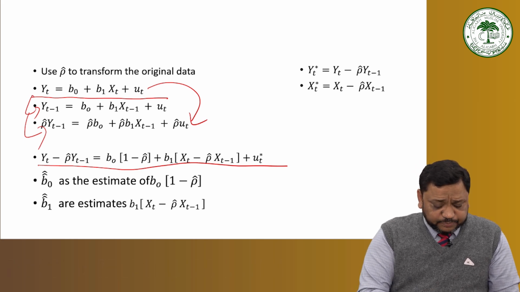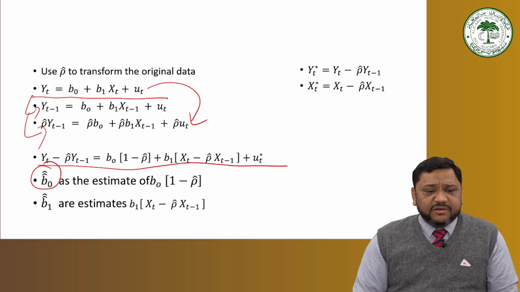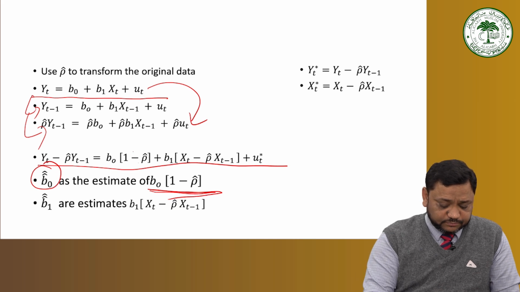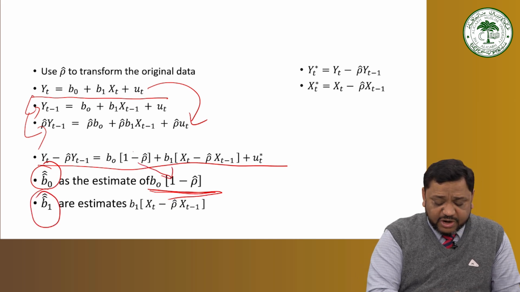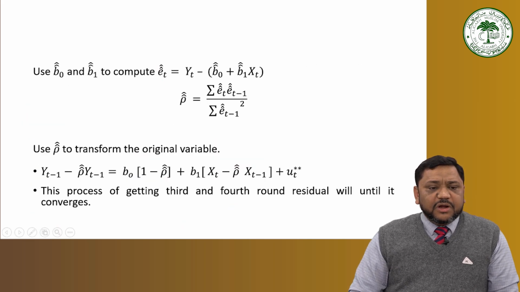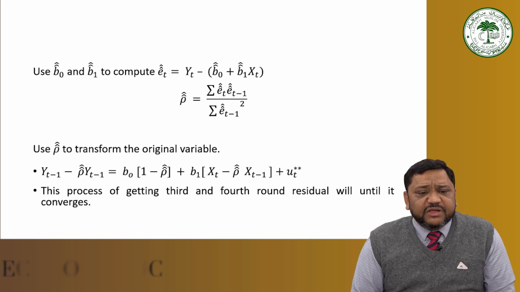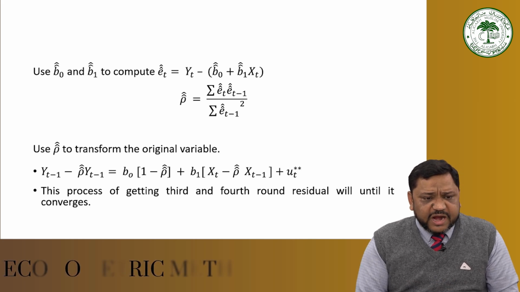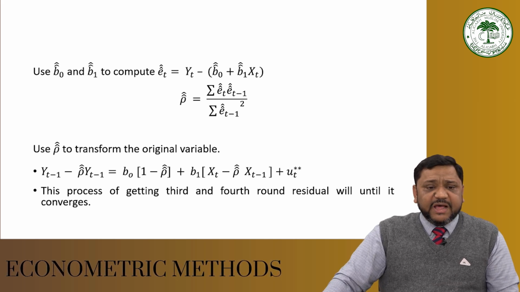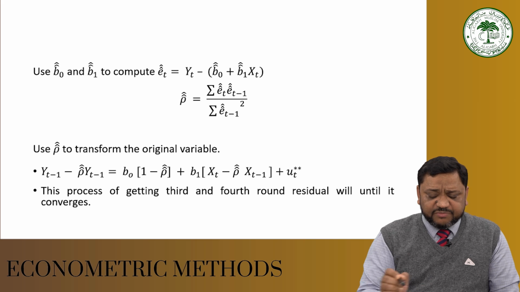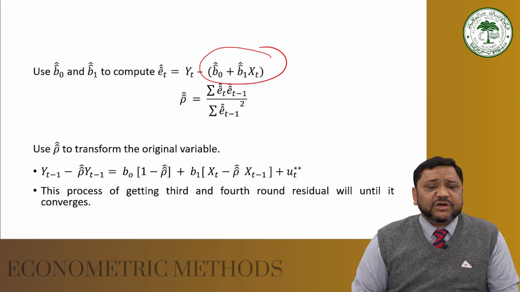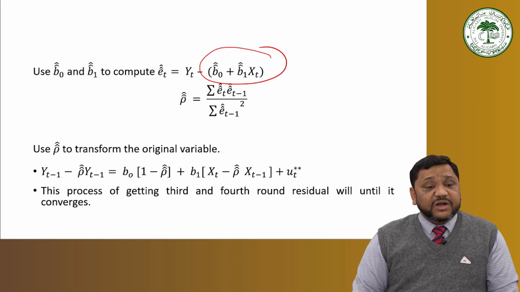So here, your beta naught double hat is the estimate of the intercept term, and beta 1 double hat is the estimate of the slope. Now what we can do is, we again do the same process: we calculate e_t double hat, we take y_t minus this y double hat, and from this we again calculate the value of rho double hat.